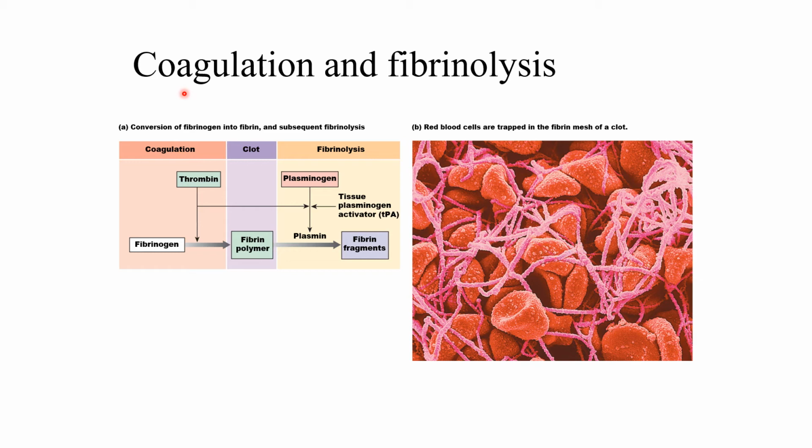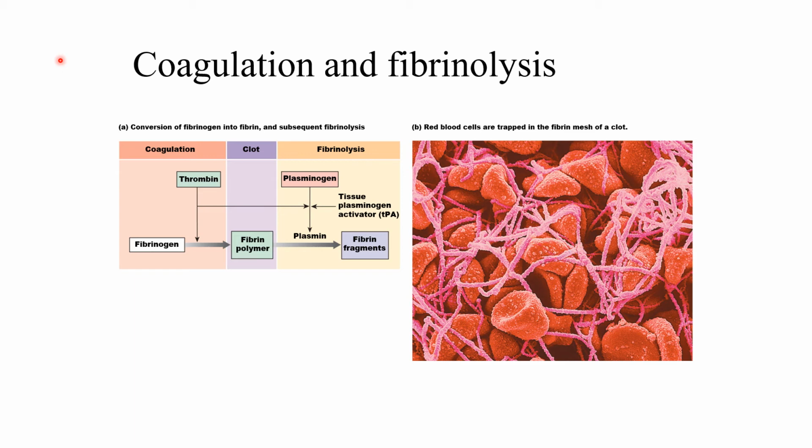The first step, though, is vasoconstriction. When we injure ourselves, we decrease the blood flow within the injured vessel by constricting it temporarily so that we can allow time for the repair process to proceed.